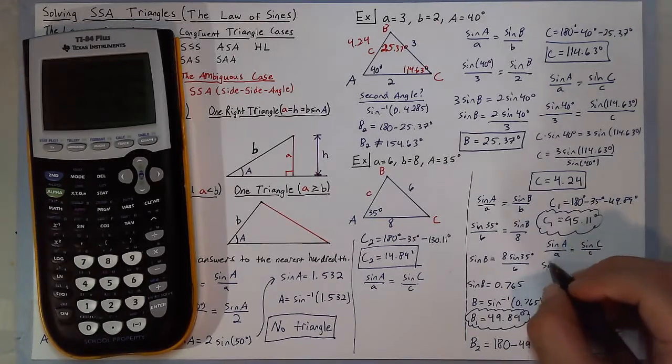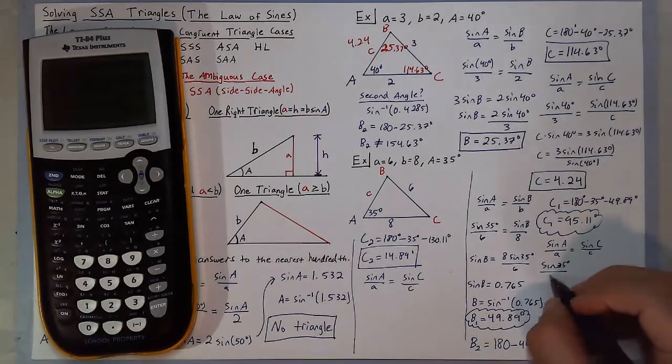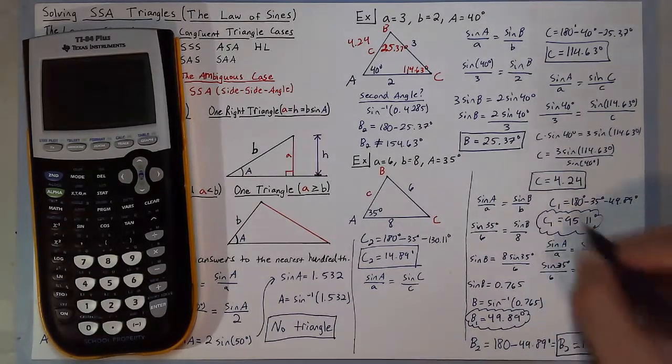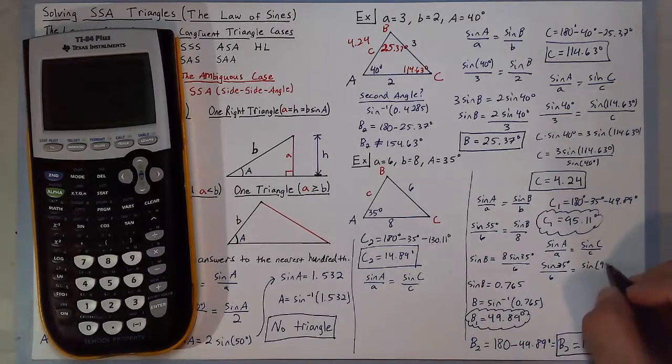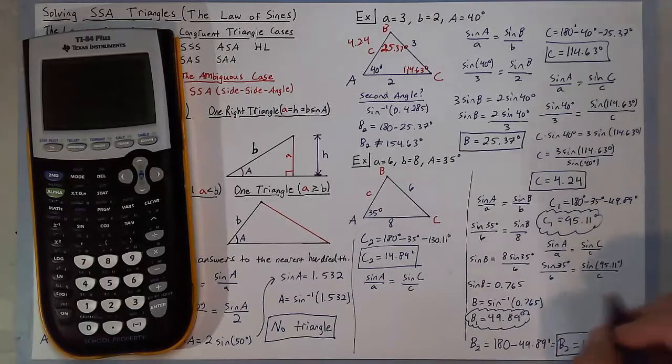So I have sine of 35 degrees over 6 is equal to sine of, for my first triangle, 95.11 degrees over C. Cross multiply and getting C by itself, you find that C is equal to 6 sine of 95.11 degrees all over sine of 35 degrees.